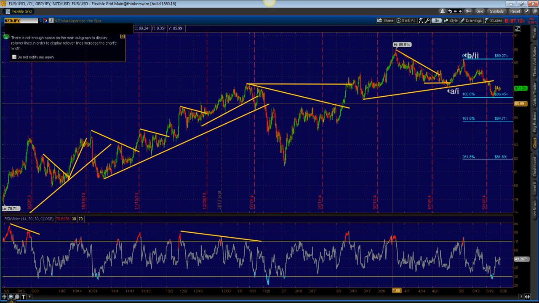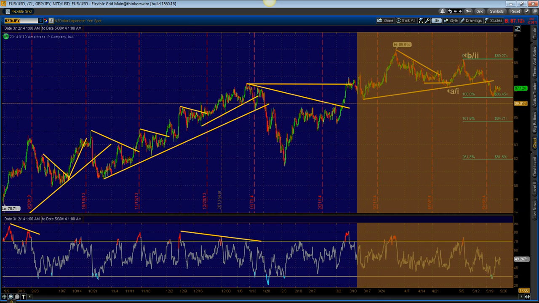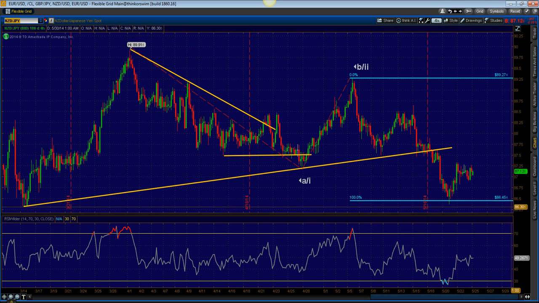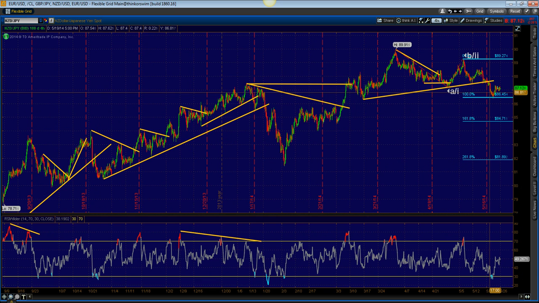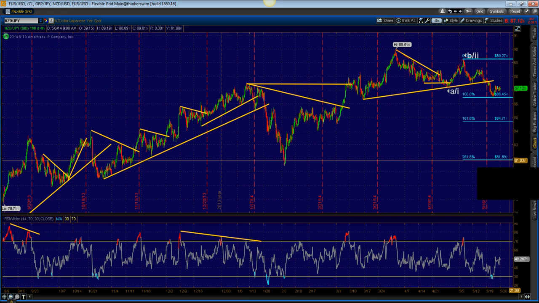It bounced off of the 100%. In my opinion, I think we break that and then head lower and meet that 161 fib extension. We already broke that trend line. That was the original short. If you're looking for that 84.70 marker, I have a trigger price of 82, which is the 261, so pretty far away.